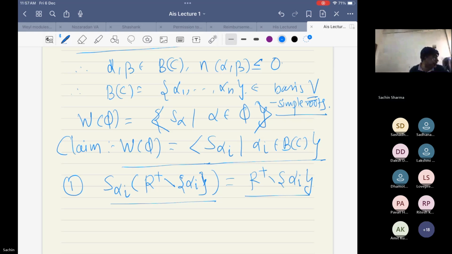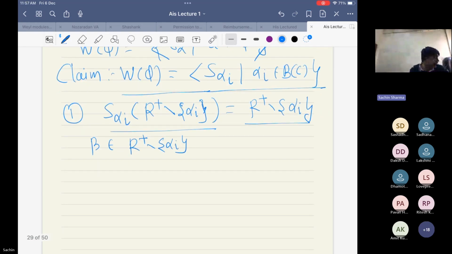Okay. Now let beta belong to R plus minus alpha i. So by the previous result, we can write beta is equal to summation Cj alpha j, as beta is not equal to alpha i, and all Cj's belong to Z greater than or equal to 0.